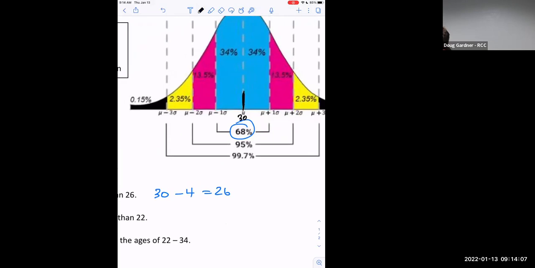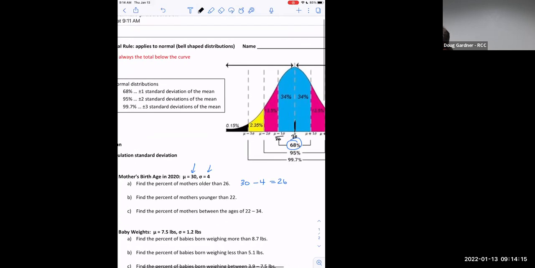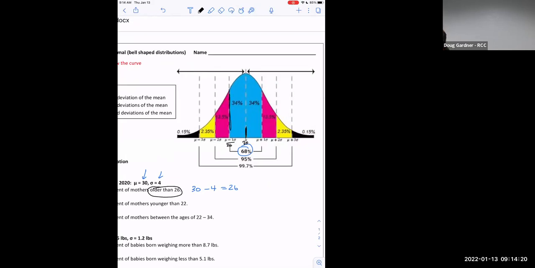And we went 1 standard deviation below that. And so 26 is right here. Do you agree with that? And so what did this question ask? Find the percent of mothers older than 26. So since we're here, then it's like find all of these percentages added together. Does that make sense?